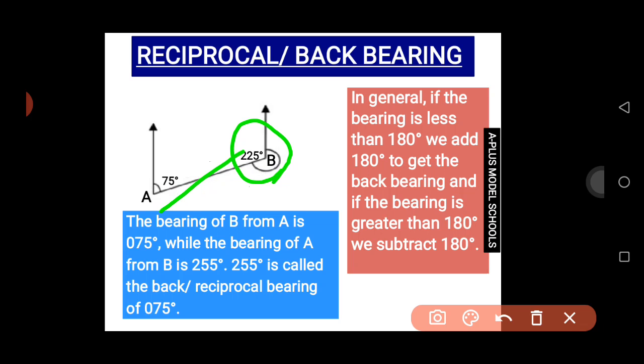You calculate the angle from the north to this point, that is 75 degrees.